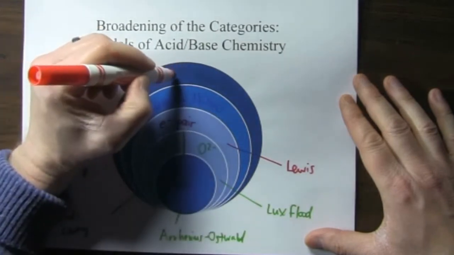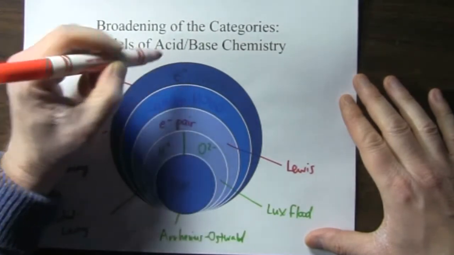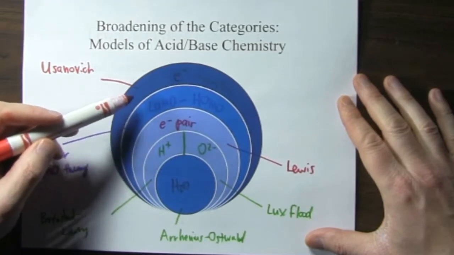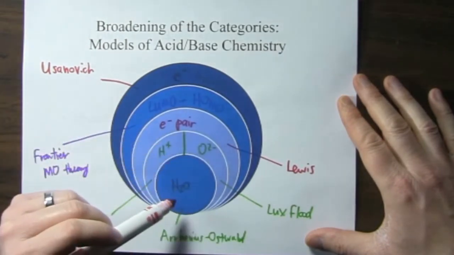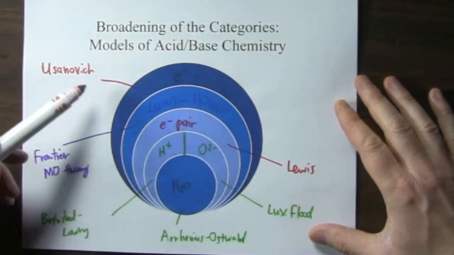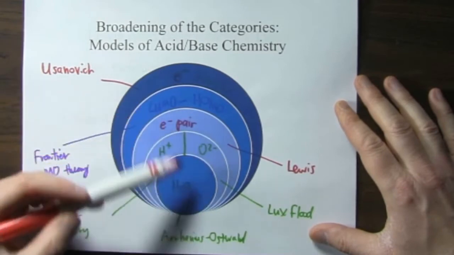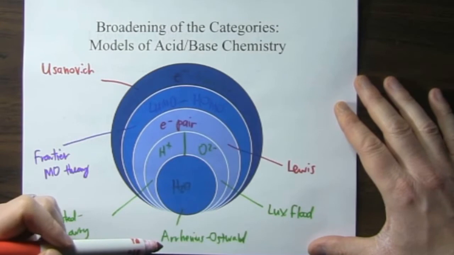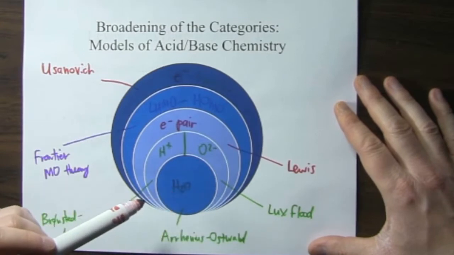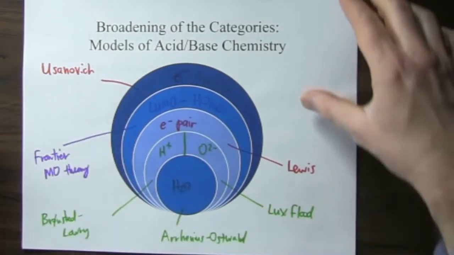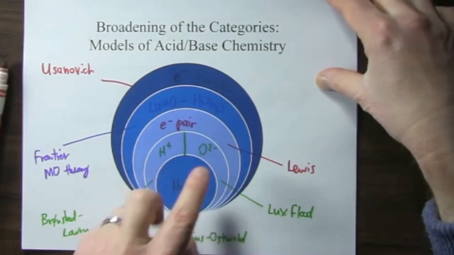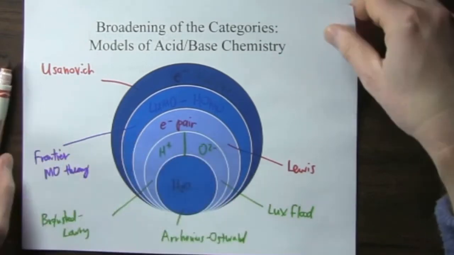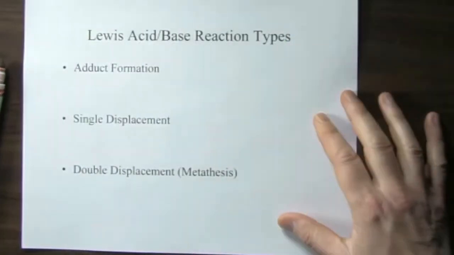And each of these definitions is a broader, more generalized example of the prior one. So Yasinovich can explain all of this chemistry, but we learn first Arrhenius-Ostwald because it's the most simple to understand. Okay, so we've talked about these three types of acids and bases. Let's look at Lewis acids and bases now.